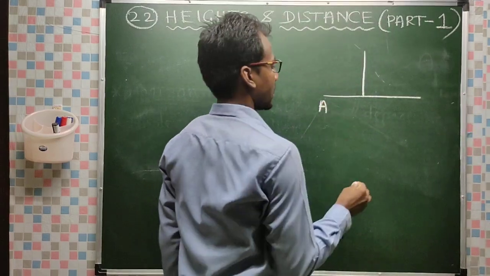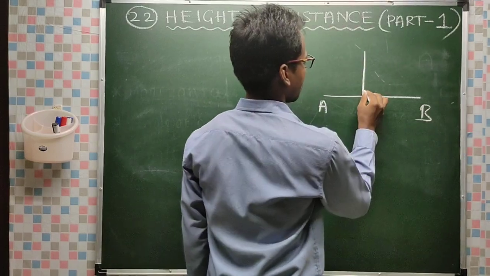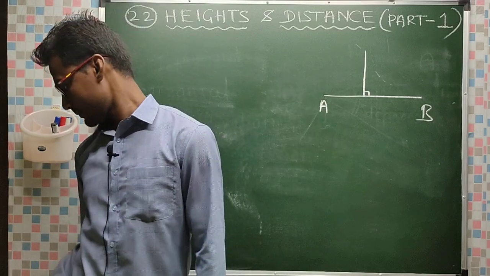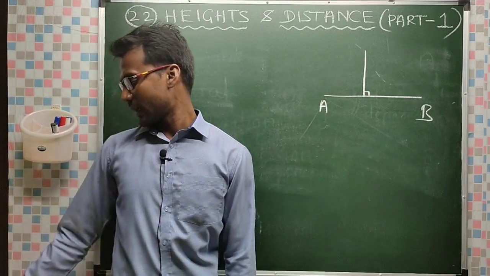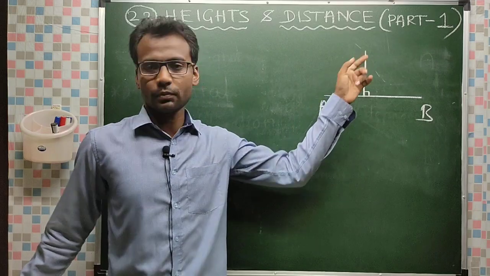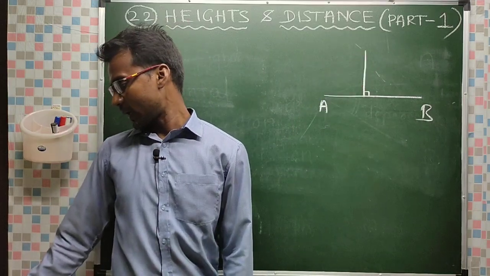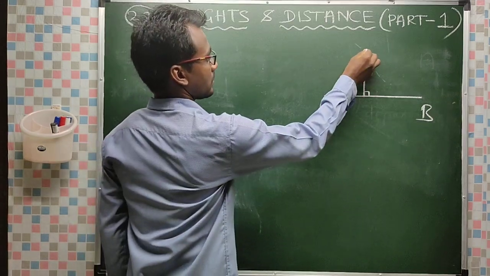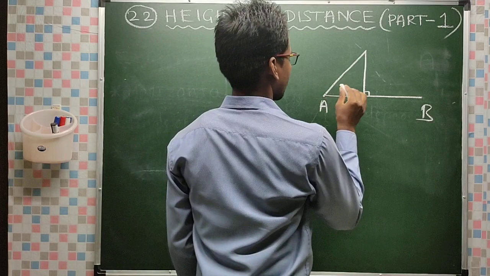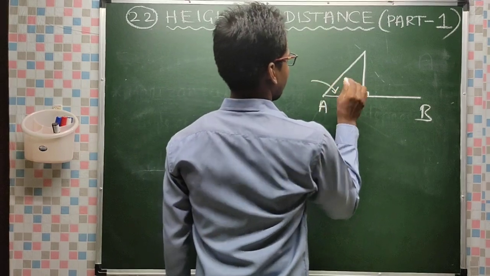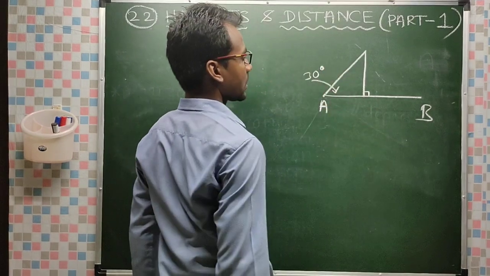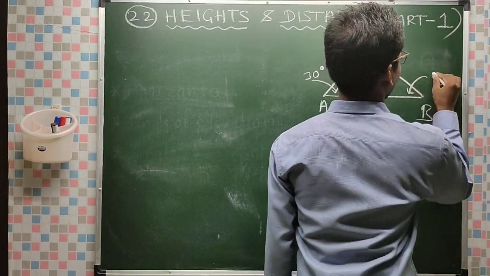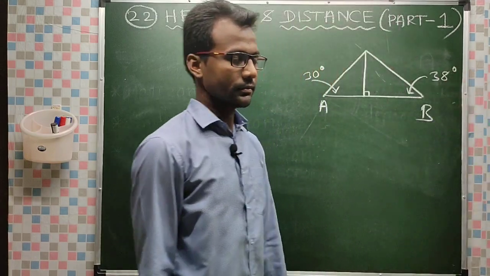Suppose the first person is at A, the second person is at B. This is obviously 90 degrees, because every tower is perpendicular to the ground. Then they observe the angles of elevation. They are looking up to the top of the tower. The angles of elevation are 30 degrees and 38 degrees. Suppose this is 30 degrees and this is 38 degrees.